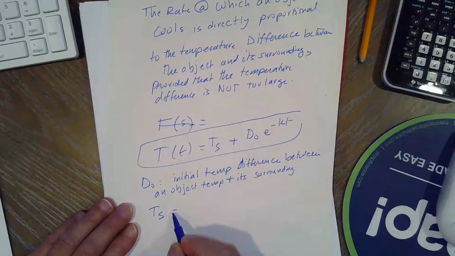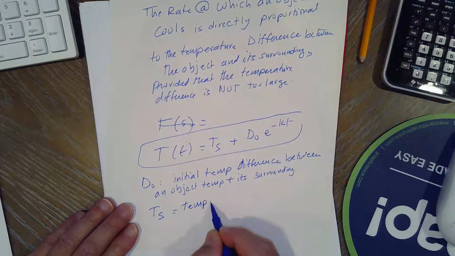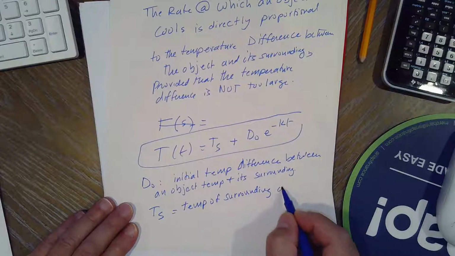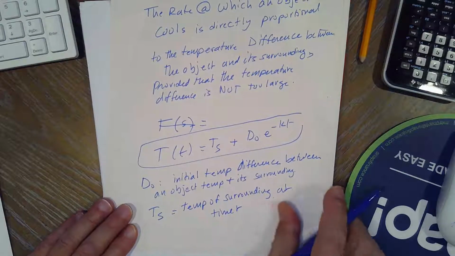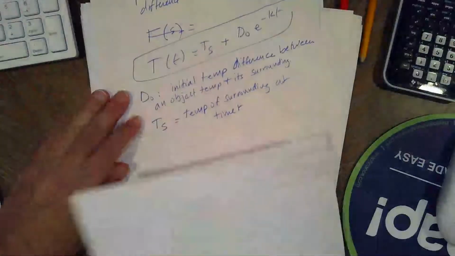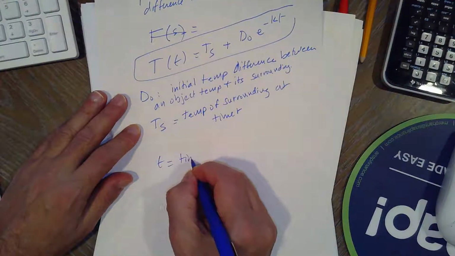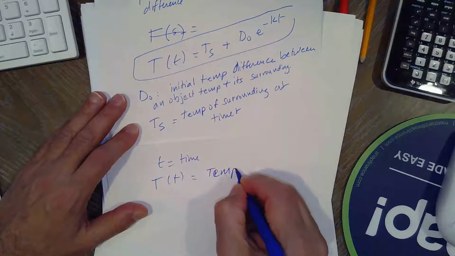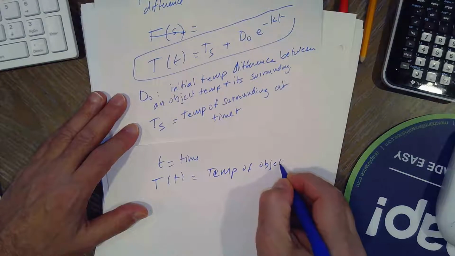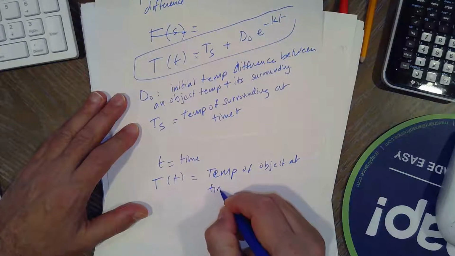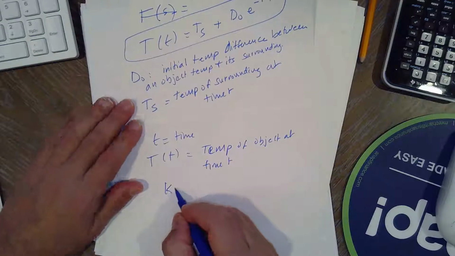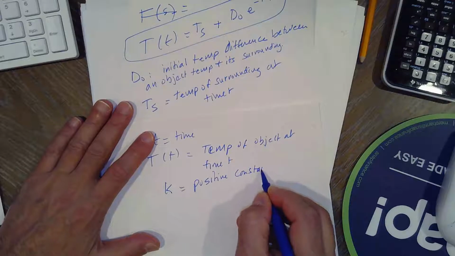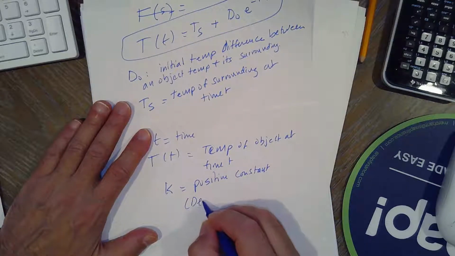Ts is the temperature of the surrounding, t is the time, obviously, and T of t is the temperature of the object at time t, in this case the pot, and k is a positive constant that depends on the type of the object.